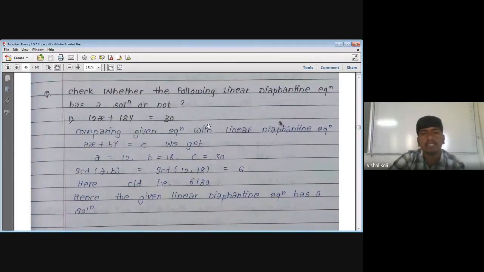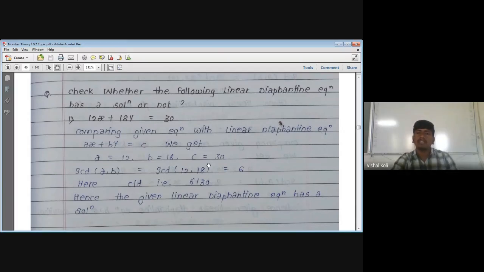Now, in the previous lecture, we already proved that a linear Diophantine equation of the type ax plus by equal to c has a solution if and only if d divides c, where d is the GCD of a and b. So we have to find the GCD of the two integers a and b, which is the value d. Here a is 12 and b is 18, therefore GCD of 12 comma 18.